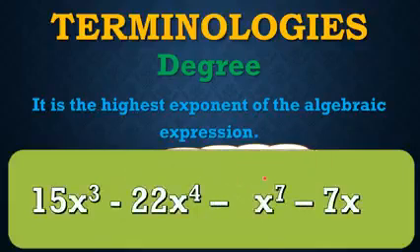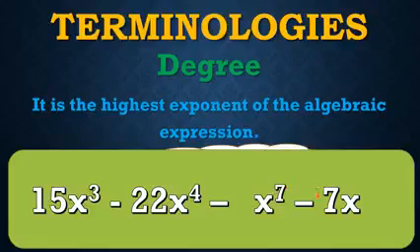Another one, we have 15x cubed minus 22x to the 4th power minus x raised to 7 minus 7x. Okay, so tingnan natin yung mga exponents of each term. So in 15x cubed, exponent is 3. In negative 22x to the 4th power, exponent is 4. In negative x raised to 7, the exponent is 7.